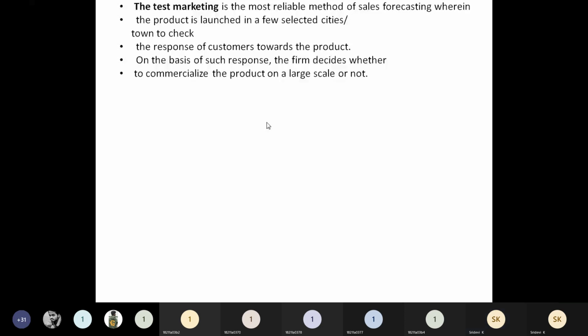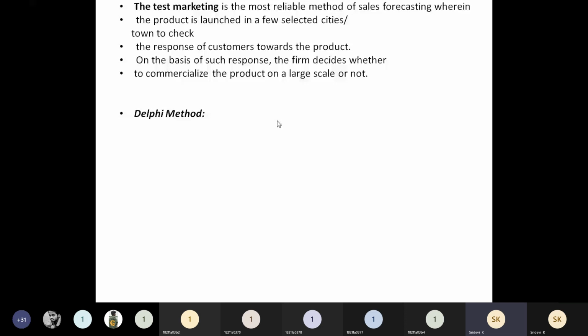But coming to the other side, the disadvantages: we think that the information is provided only to the selected customers, but the same information may be known by the competitors also. So in such a case, they may know the drawbacks of our product and the positives of our product.